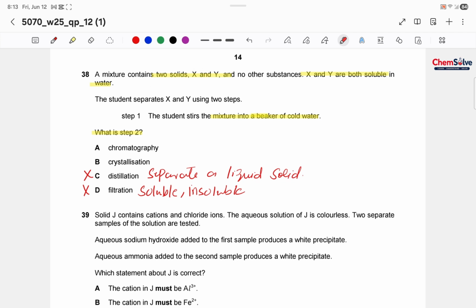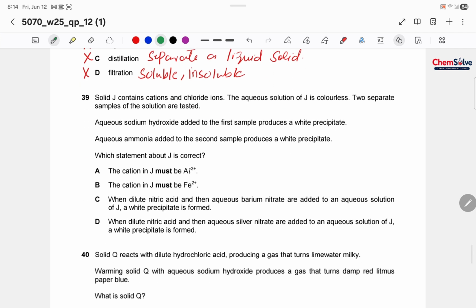Now B, crystallization. Crystallization is not the correct one. Why? Because it is used to make crystals. So, in my point of view, chromatography, A, is our correct option.